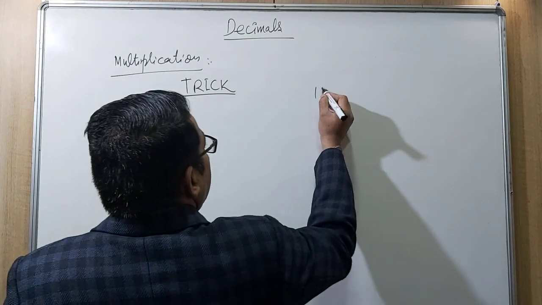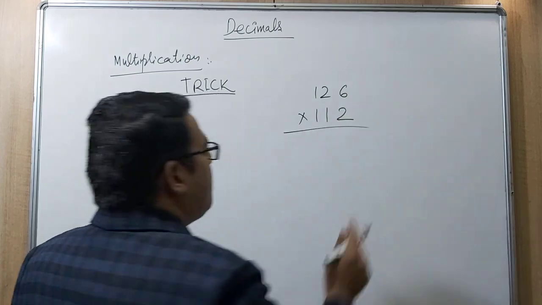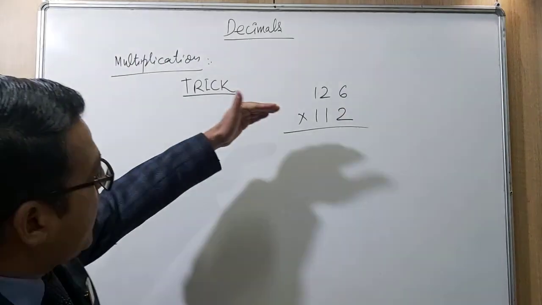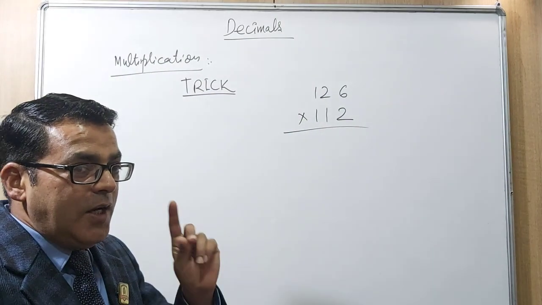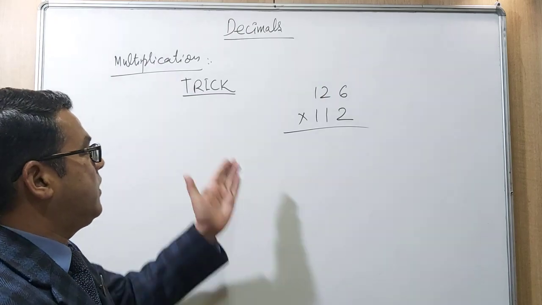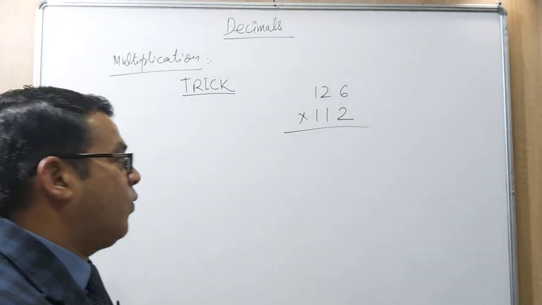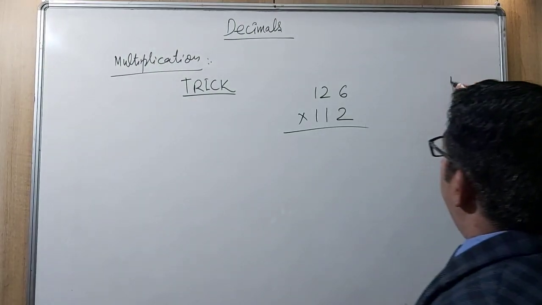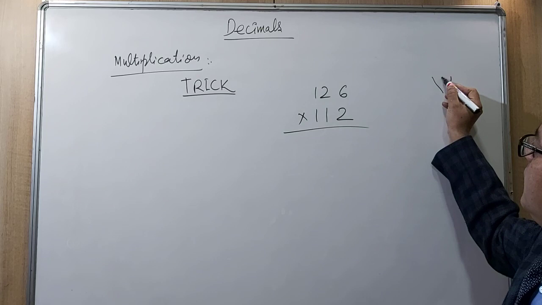So 126, and I am going to multiply with 112. This is a big number. 126, and I am multiplying with 112. And in one line you will get the answer by using this trick. How? First you need to write the formula for this one. What is the formula? This one. Then for 2 digits, cross, right?